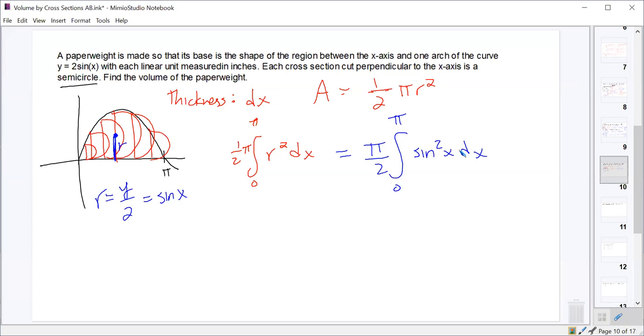Requires a trig identity, doesn't it? What's the trig identity that we need for that?